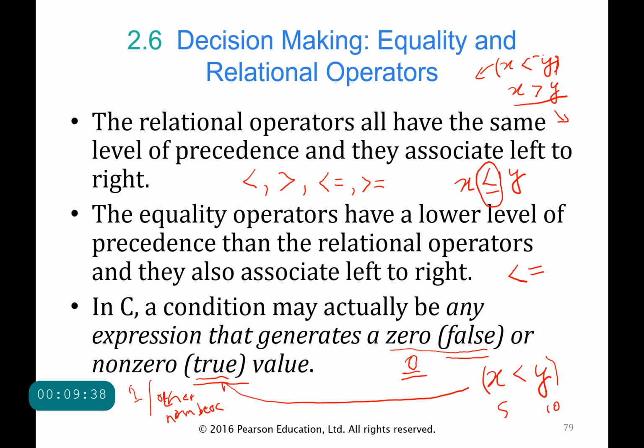However, equality operators, which are generally used to check if two variables are equal to each other, are represented by x equal to y. So this uses a double equal to sign. Equality operators will have lower precedence than these relational operators.